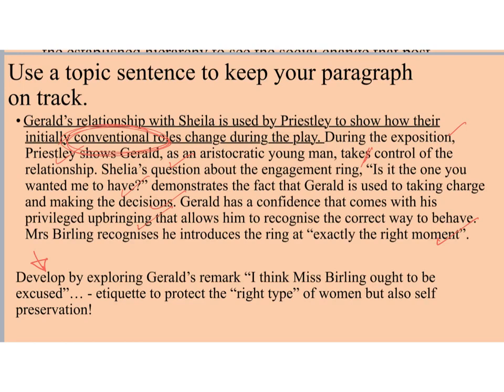But it also shows that he's prepared to protect the right type of woman, but not Eva, and also his hypocrisy, because it's self-interest. He doesn't want his wife-to-be to hear the details of his affair and how badly he's behaved.